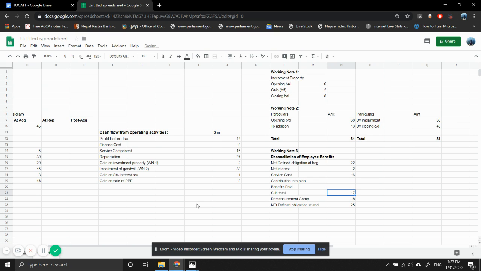What has gone wrong over here? How much should this be? This will be 16 plus 22 plus this figure, right? So 40. Okay, so I got it.